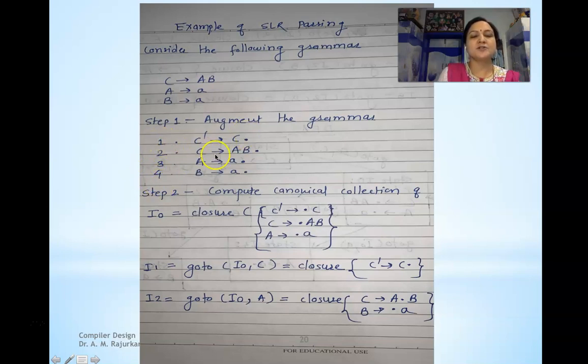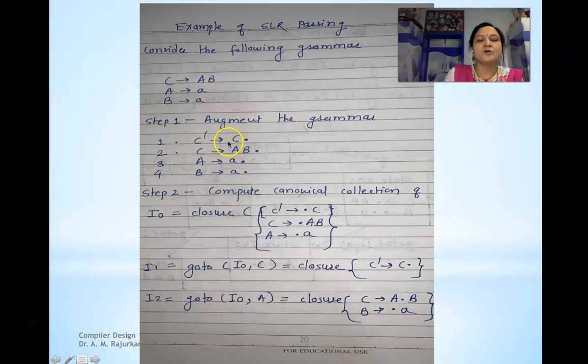This is the first production, the second, the third, the fourth. Once we augment the grammar, the next step is to compute the canonical collection using closure. Initially I0 is the first state of the DFA, which computes the closure of C' tends to dot C, because this is the first production.